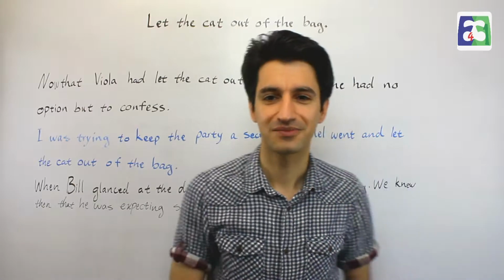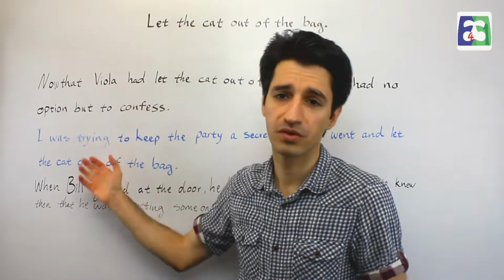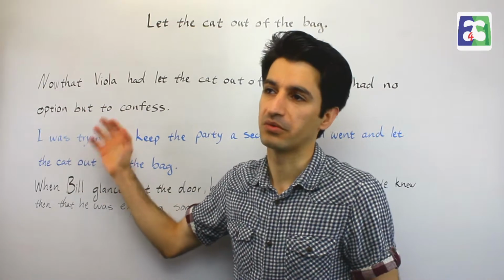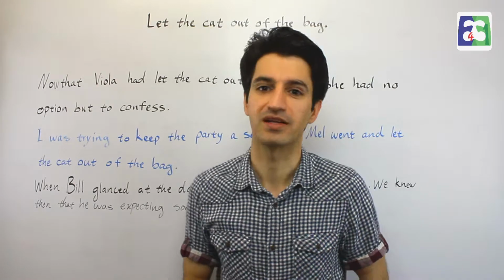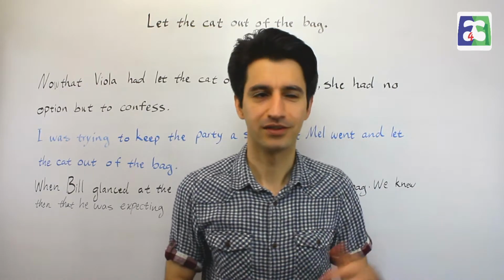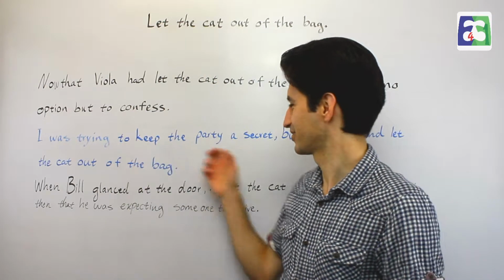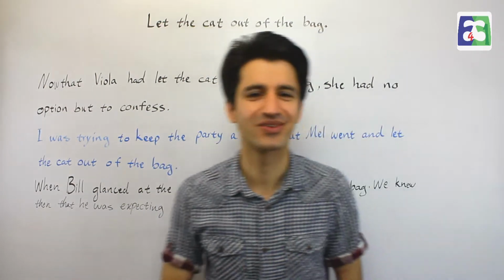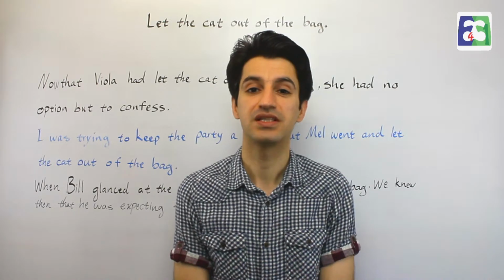It can be in a criminal situation, maybe someone has killed someone, and then the other one tells others, let the cat out of the bag. Maybe that's a good thing, like a secret party or anything else. So it is used in these areas.